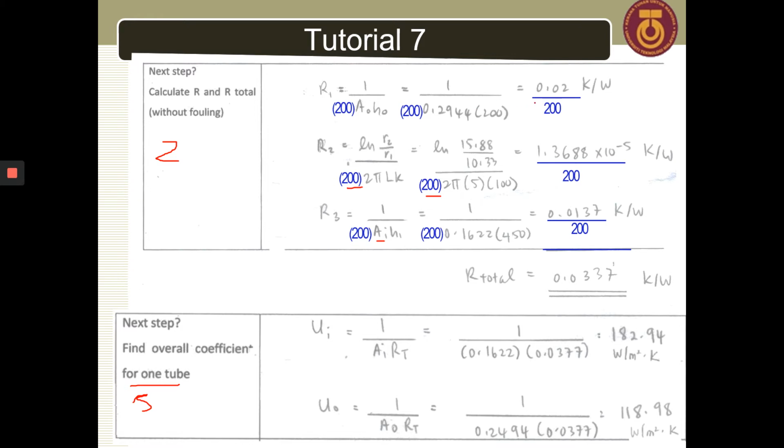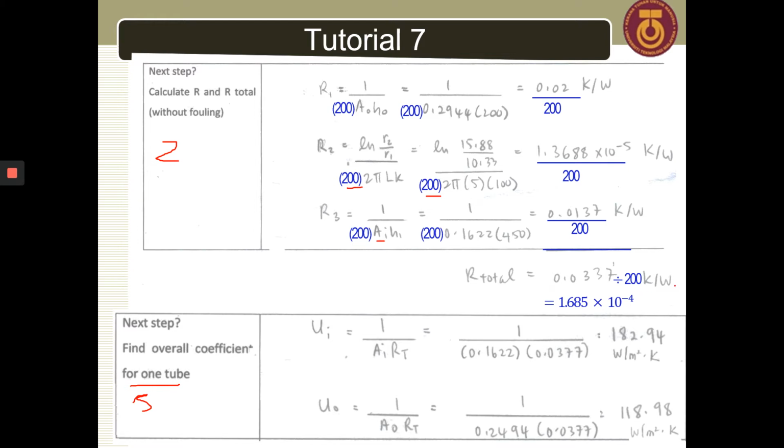So you must divide by 200, also here and also here. That means the total R you get, you can divide by 200 for 200 tubes, right? So you get 1.68 times 10 to the power of minus 4 Kelvin per watt.